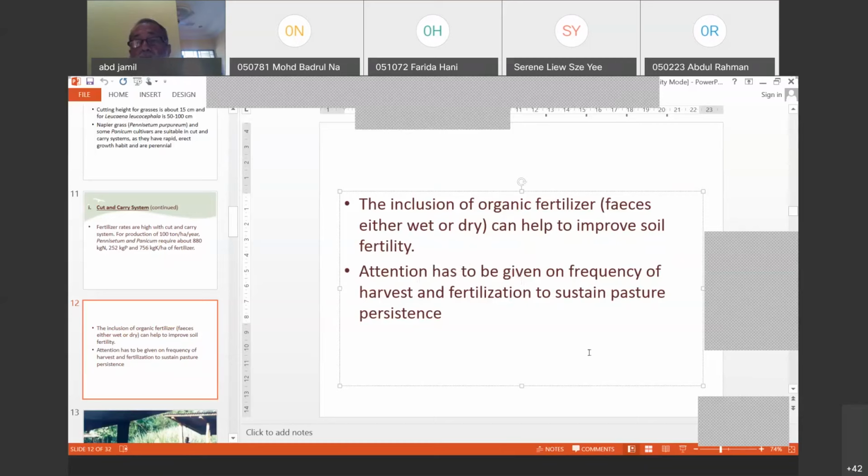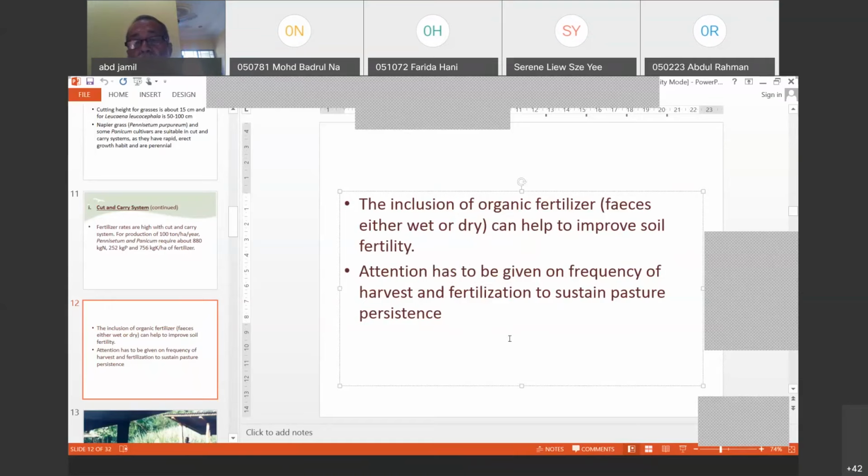So it depends on your management. If you need more grasses during a difficult period, during adverse weather, then you must give more fertilizer when the rainfall is okay, or you have to irrigate.